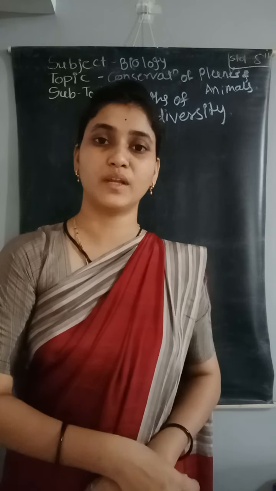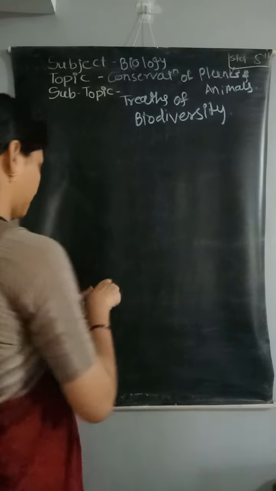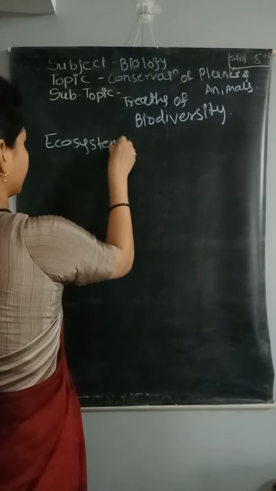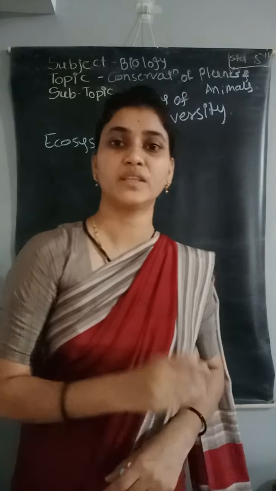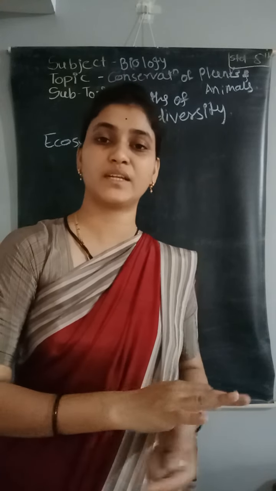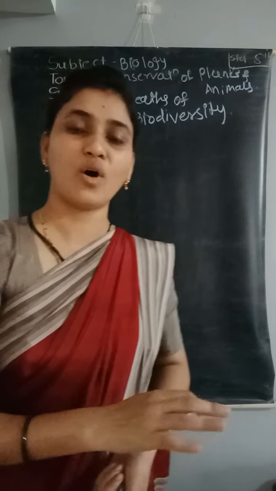So what is the ecosystem? In an ecosystem there are plants, animals and microorganisms present in a specific area, and all the non-living materials present in that area, including rivers and deltas.